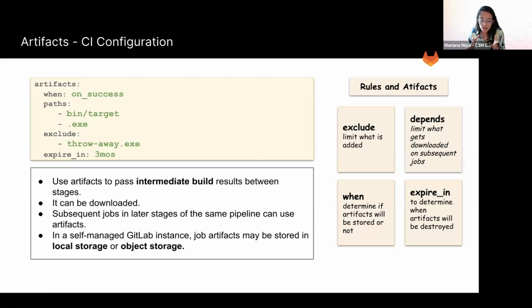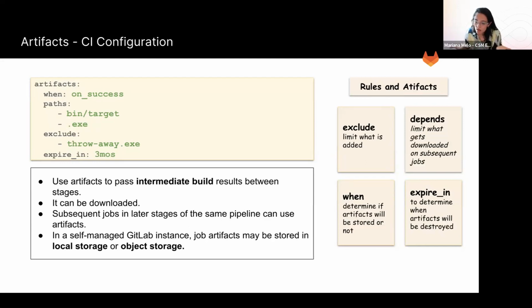So artifacts are files stored on the GitLab server after a job is executed. Subsequent jobs will then download the artifacts before a script execution. So a build and publish stage will generate files that you'd use to deploy your application with your result stats.